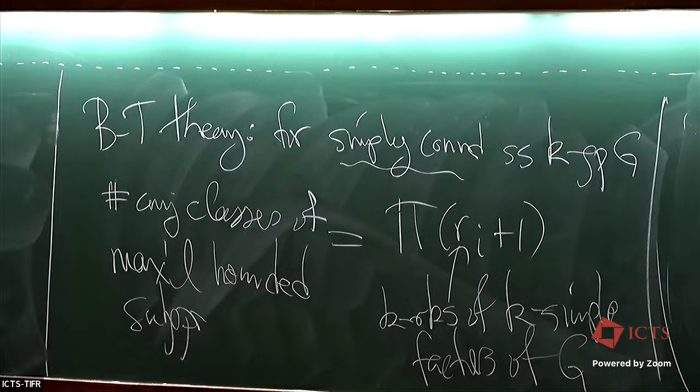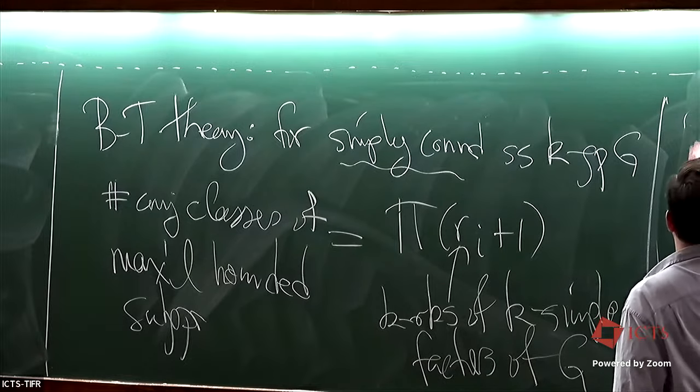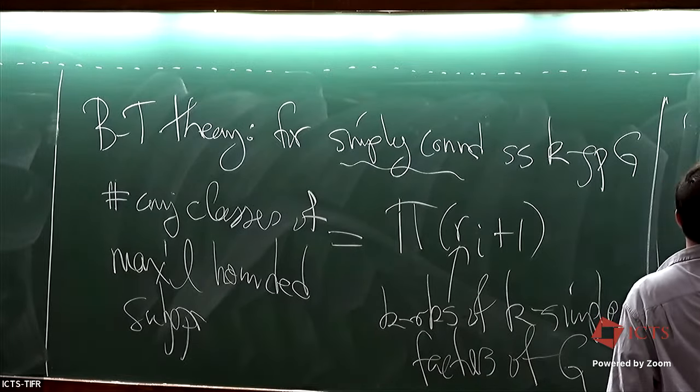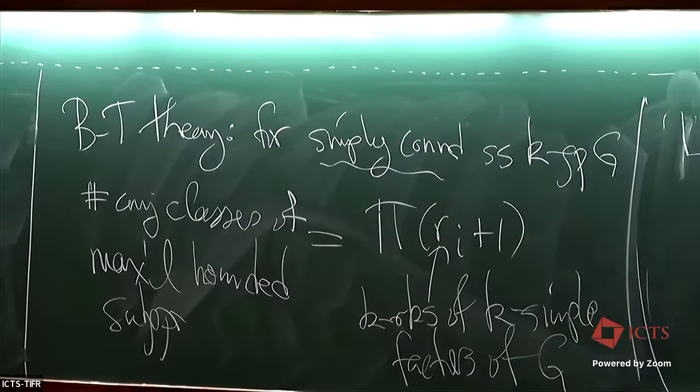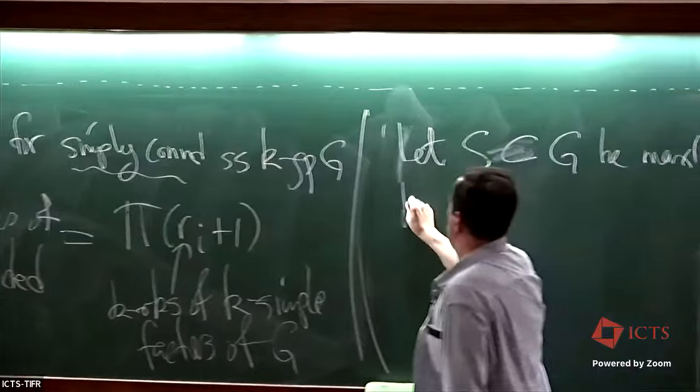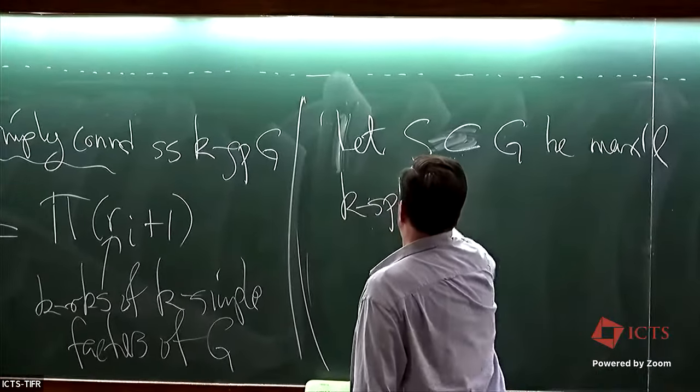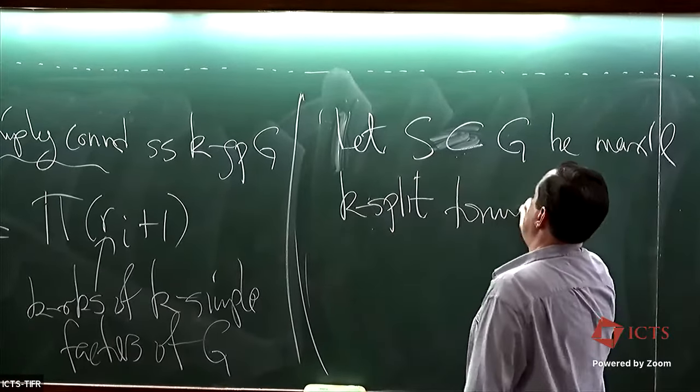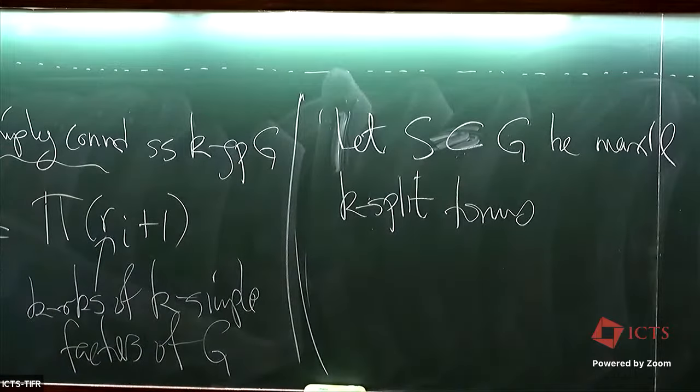But let me tell you the visualization that Bruhat-Tits theory gives to this calculation. So let me draw the following picture. Suppose you let S inside of G be a maximal split torus over the base field. So for example, for SLN, you might take the diagonal matrices.